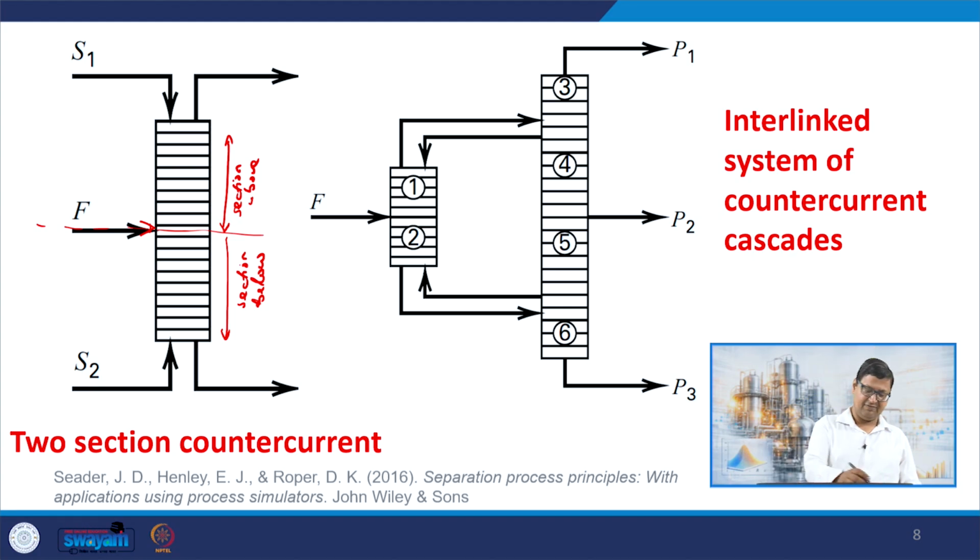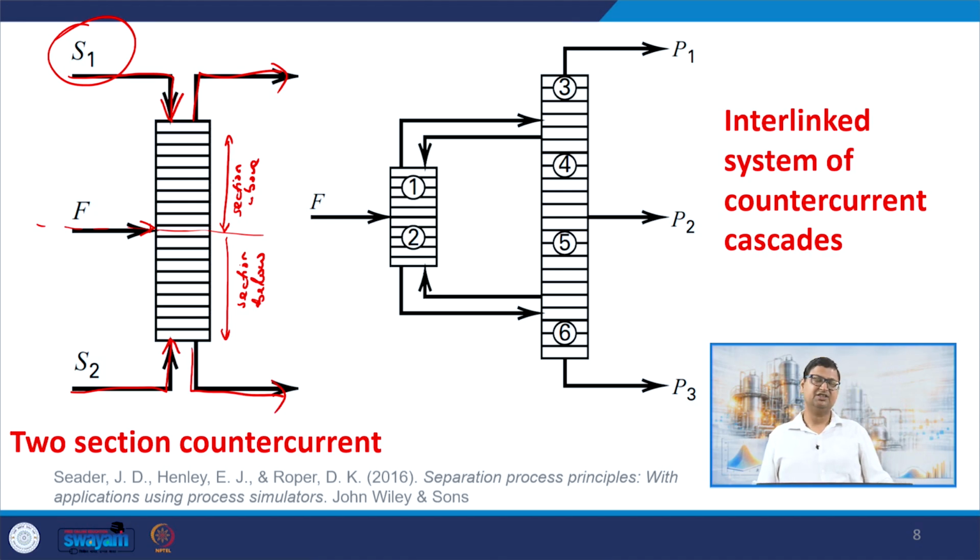And again, we can have one of the streams, maybe an MSA, coming from the top and another MSA coming from the bottom, and we can have again 2 products going out, right?